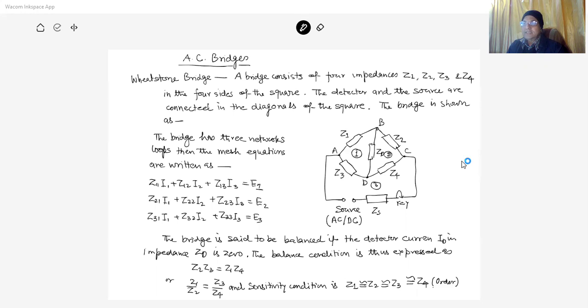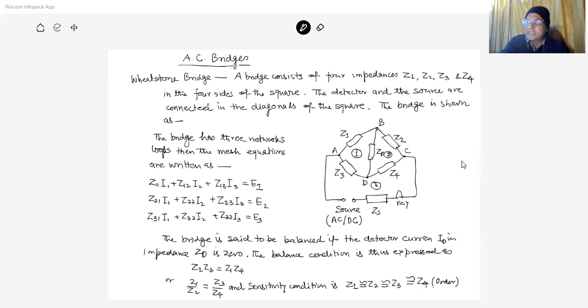That is, there are four resistances in the four arms, and a detector and source are connected in the diagonal arms of a square.